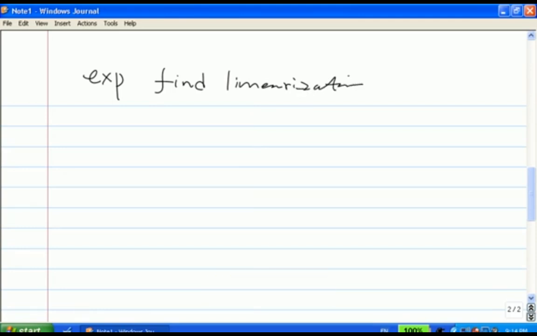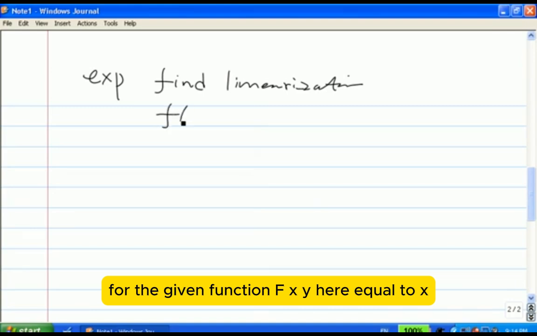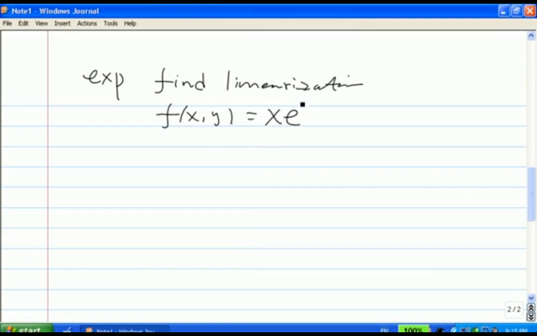Linearization for the given function f(x,y) equal to x e to the xy at the point (1, 0).